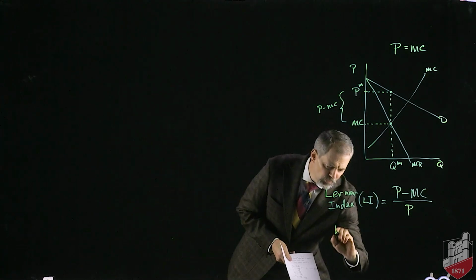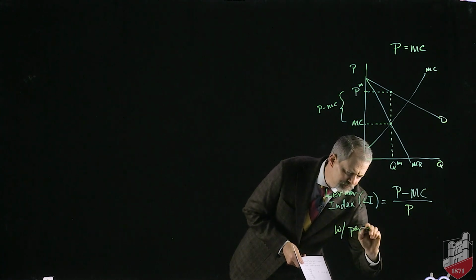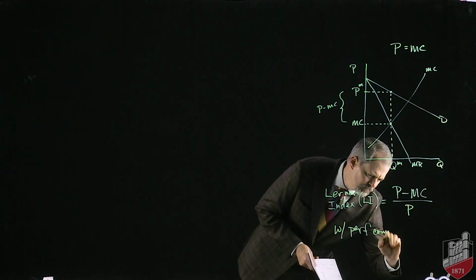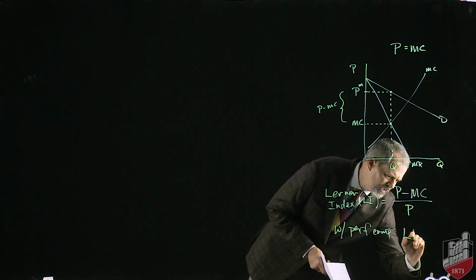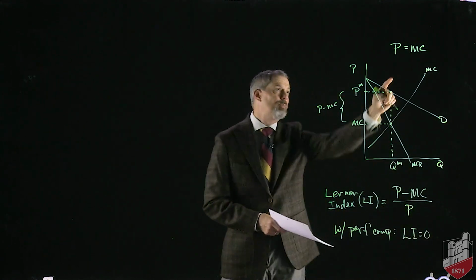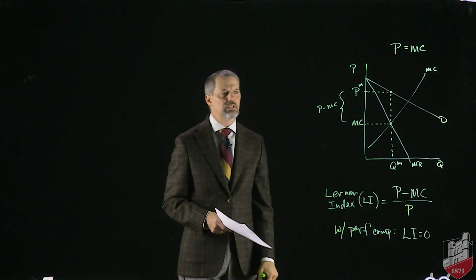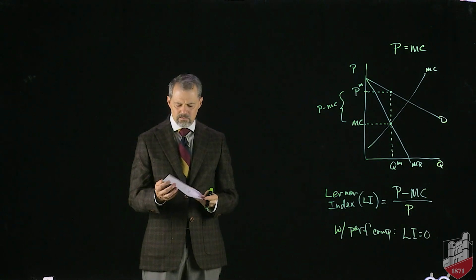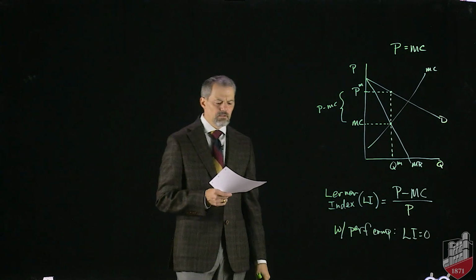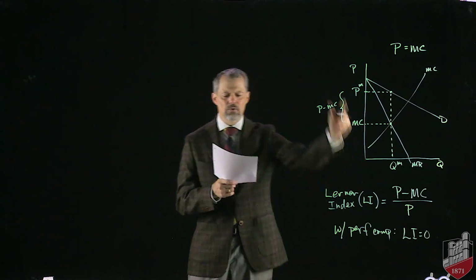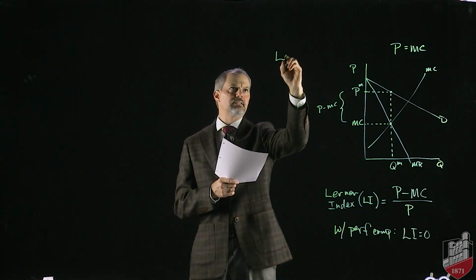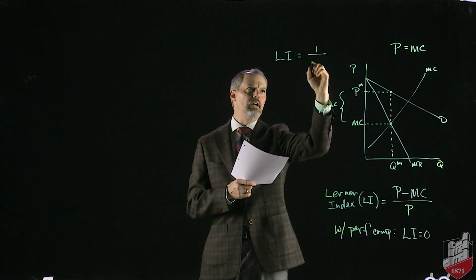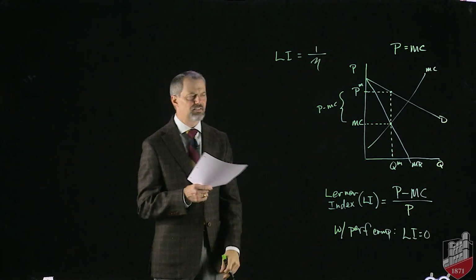Obviously, with perfect competition, the Lerner index would be equal to 0 because price and marginal cost are equal to each other. It's pretty easy to show that the Lerner index is actually equal to 1 divided by the price elasticity of demand.